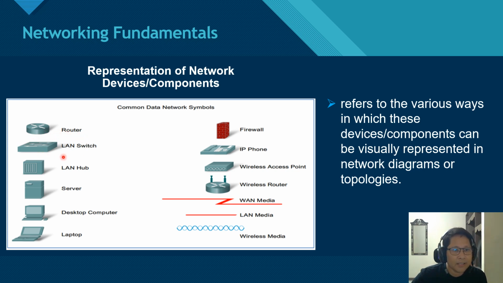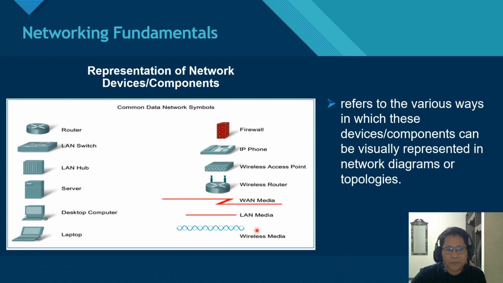And then next we have the LAN switch, the LAN hub, the server, the desktop computer, and the laptop. This is what it looks like, laptop, and the firewall. We have the IP phone and the wireless access point. This is the icon of the wireless access point, and the wireless router, this one.